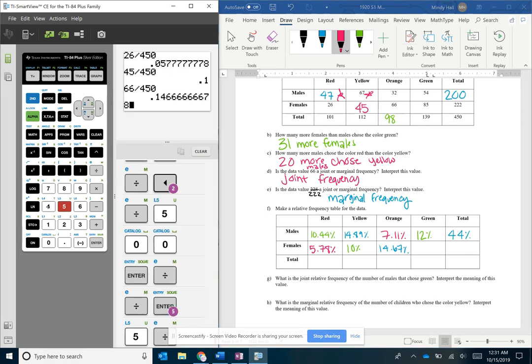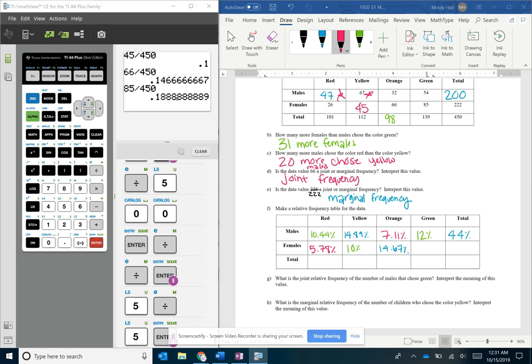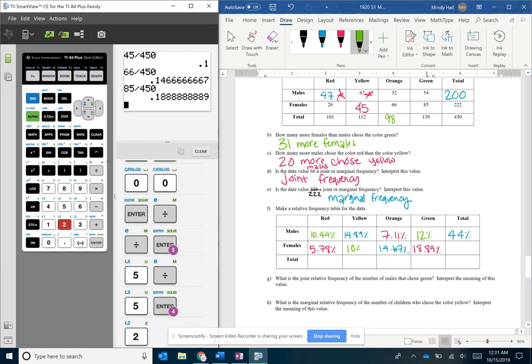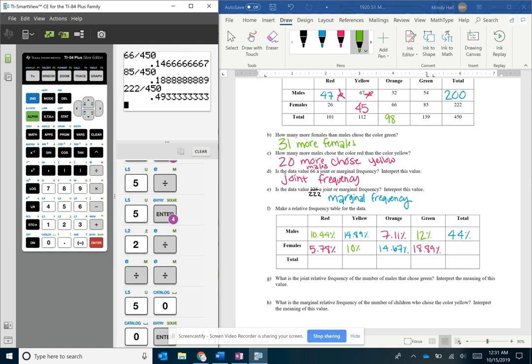We do it again. 85 divided by 450. That gives us 18.89%. And then 222 divided by 450 is 49%. And then last but not least, our final row, the last row.